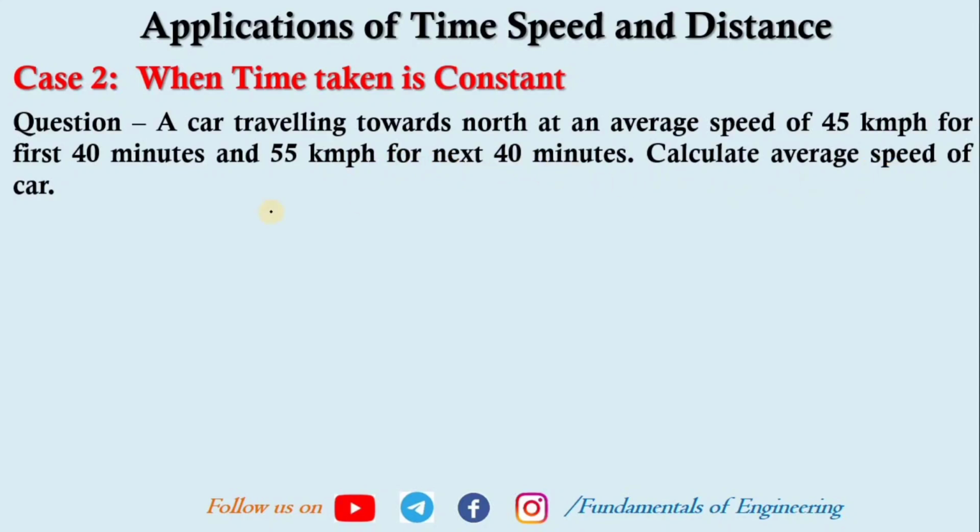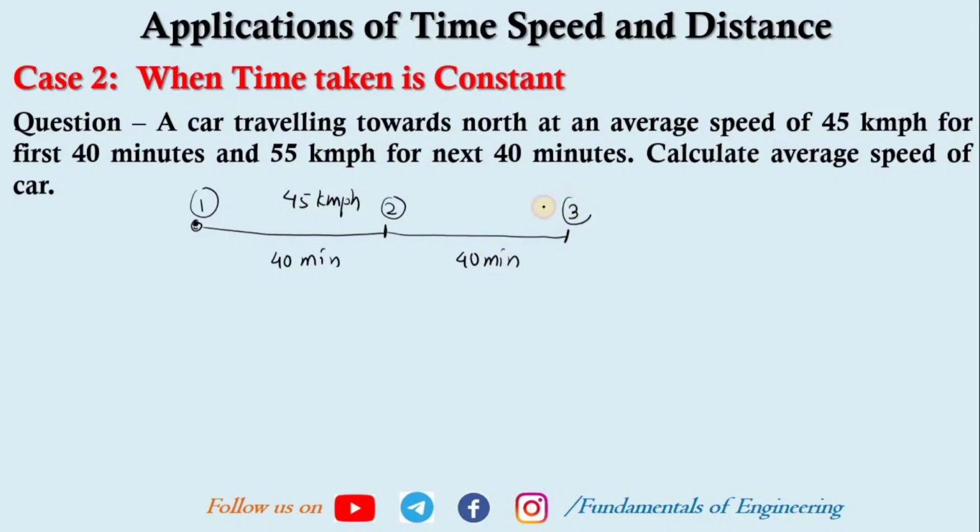Calculate the average speed of the car. From the first location, the car travels for 40 minutes at 45 km per hour. From the second location, it again travels for 40 minutes and reaches the third location with a speed of 55 km per hour.